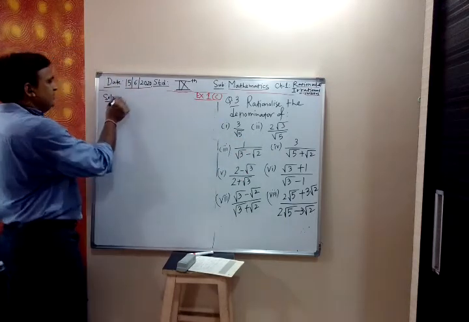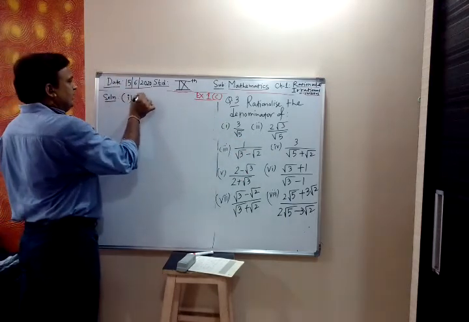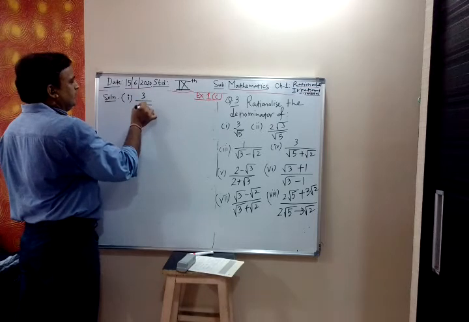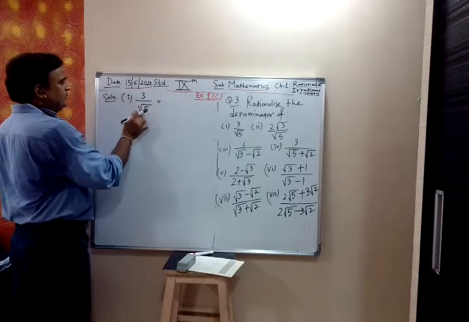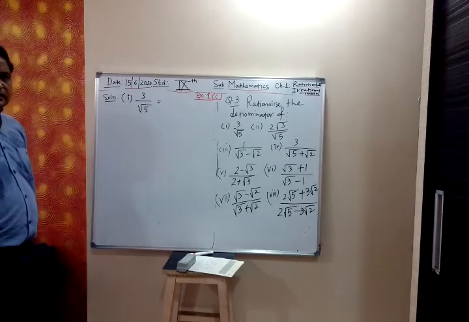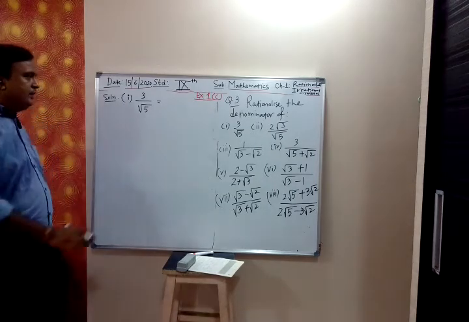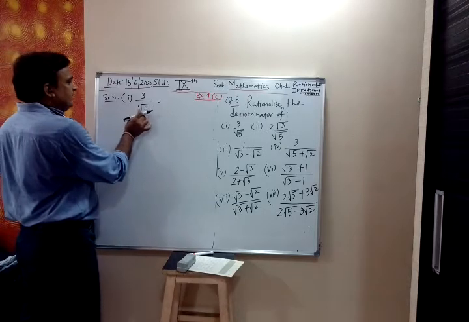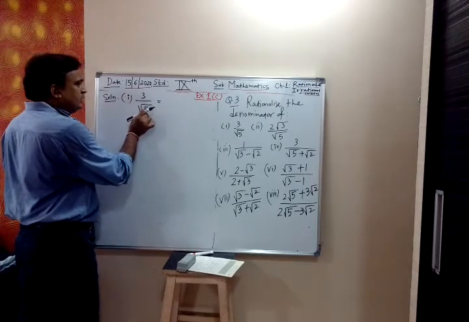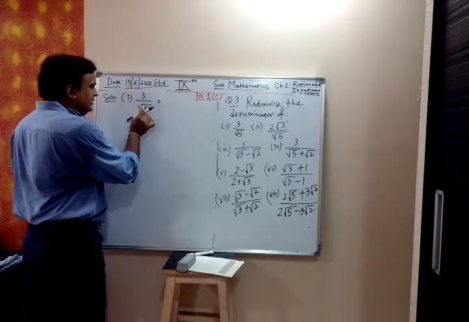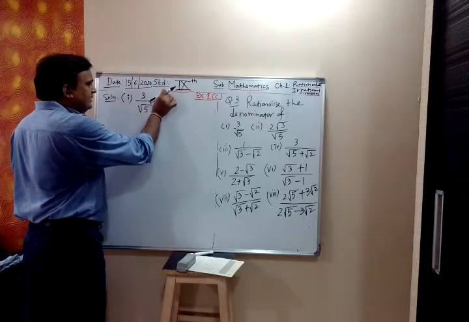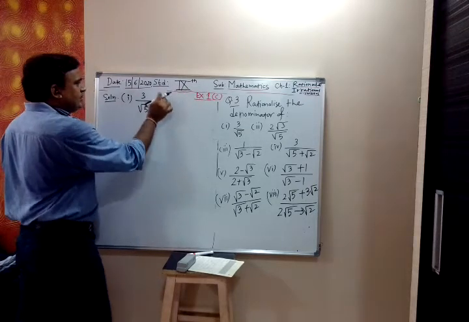Let us take the first one, 3 upon root 5. The denominator is root 5. Yes, in the denominator there is one term, root 5. So when there is one term, for rationalizing the denominator, I will multiply by the same term in numerator and denominator both.